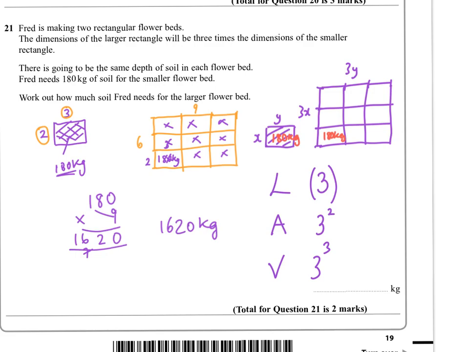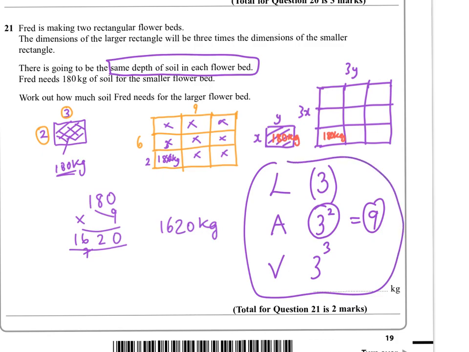It's said here that there's the same depth of soil in each flower bed, so it's saying, hey, don't look at the depth, just look at the area. So we're going to just say 3 squared, which is 9 times as much. But either or, you've got to do 180 times 9, either diagrammatically or using this situation here.